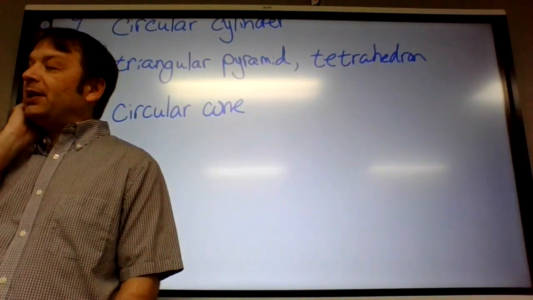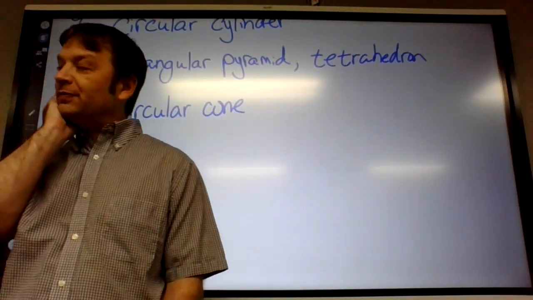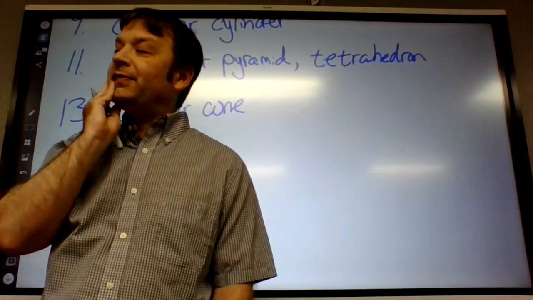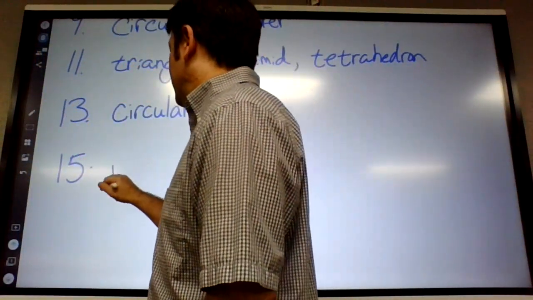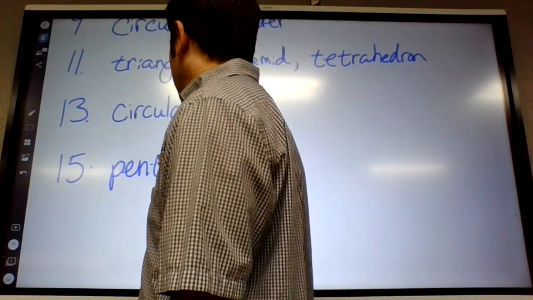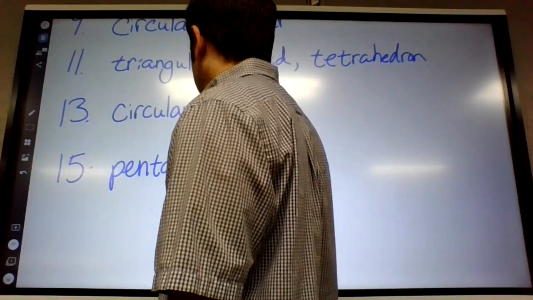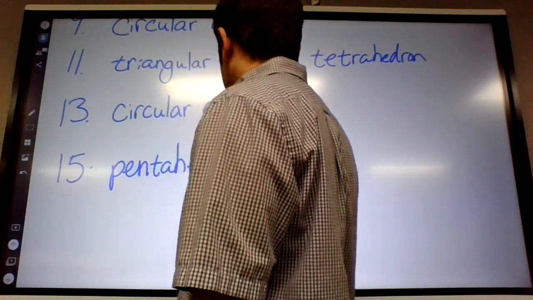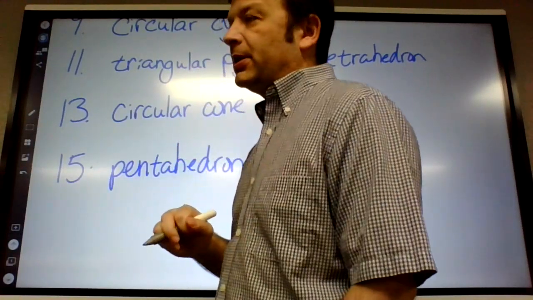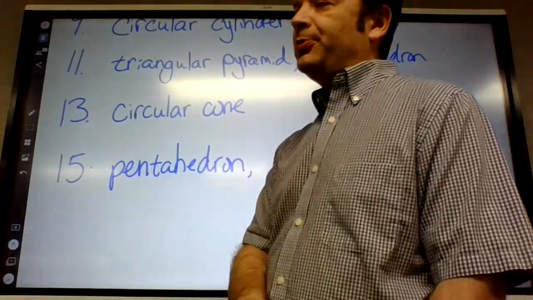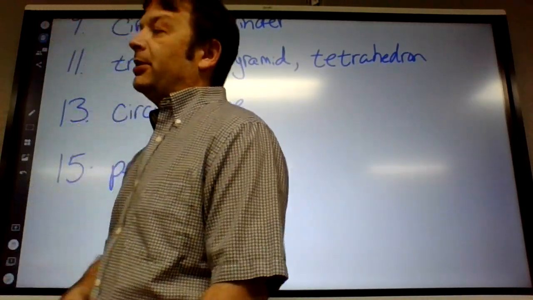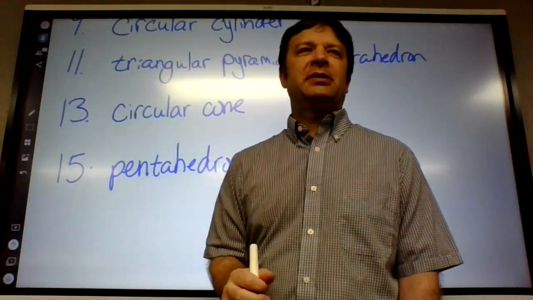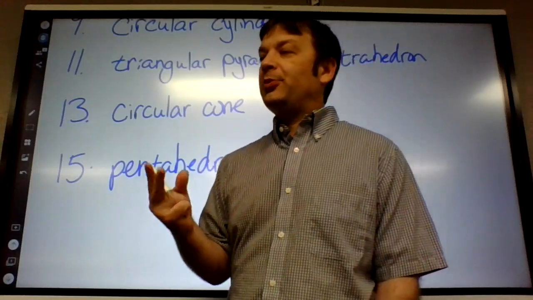Okay, how many sides does number 15 have? 5. So it's called a pentahedron. Is it a prism or a pyramid? No, it's not a pyramid. Doesn't come up to one point.